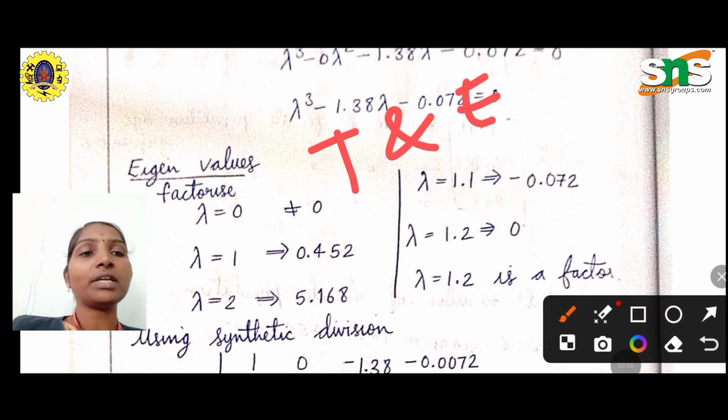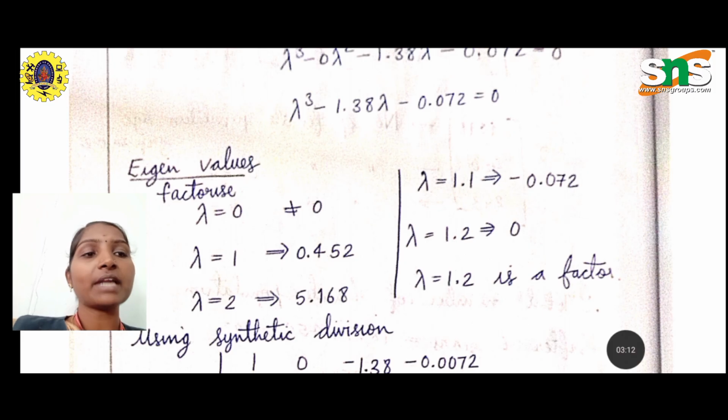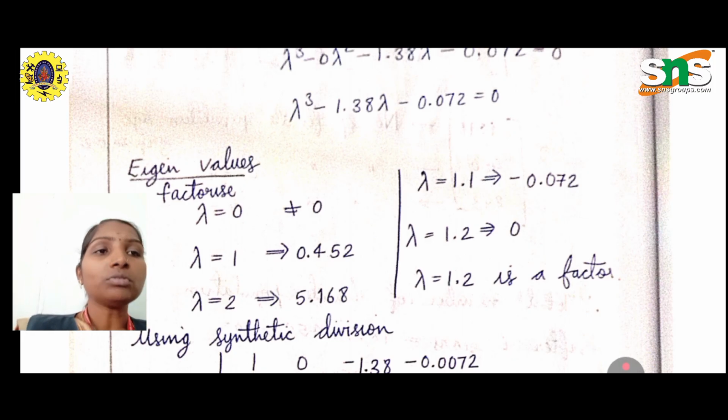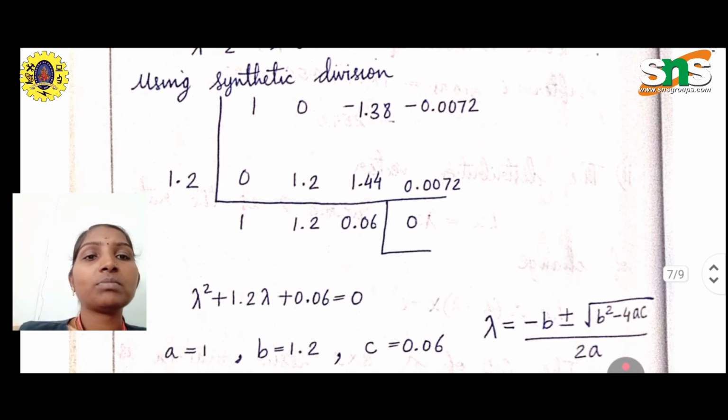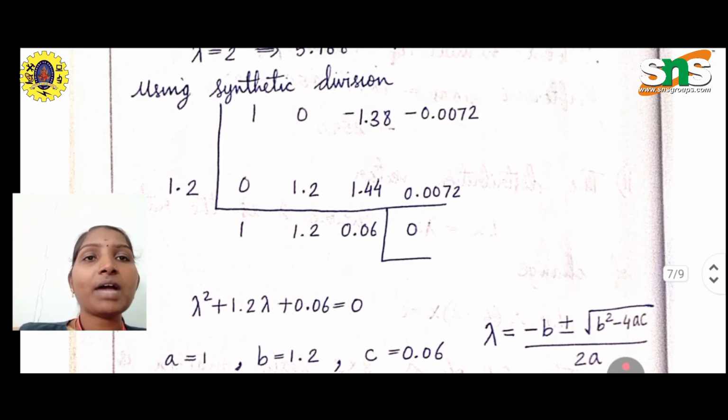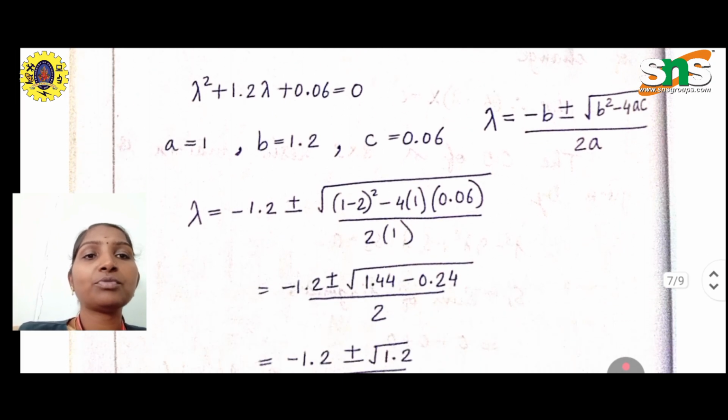For calculating the first factor or the first root: when lambda is equal to 0, the characteristic equation is not equal to 0. When lambda is equal to 1, it is not 0, and lambda is equal to 2 is not 0. So on finding the value, we will have that lambda is equal to 1.2 is the root of the characteristic equation. Therefore, using the synthetic division method, we have computed the other values of lambda using the formula lambda is equal to minus b plus or minus root of b square minus 4ac divided by 2a.